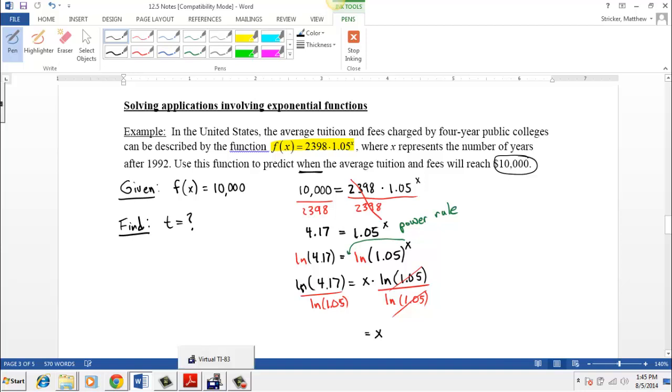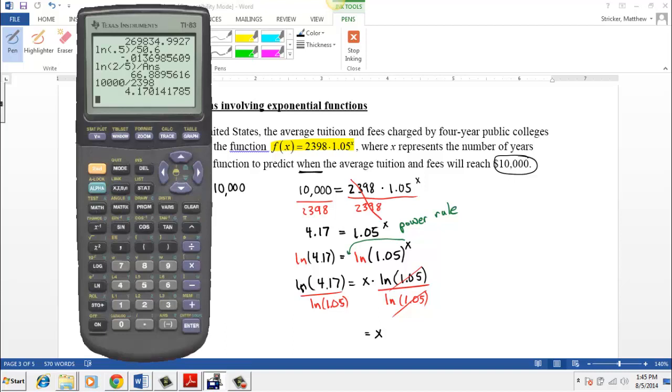So, okay, remember, we don't just want to use 4.17, we want to use this whole thing. So we want to take the natural log of our second answer, and we want to divide that by natural log of 1.05. And we get about 29.3.